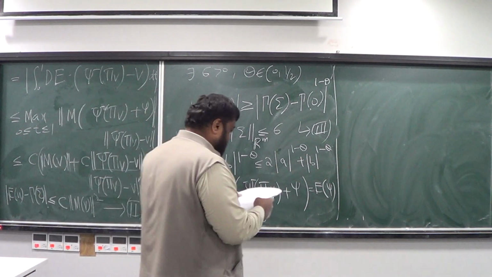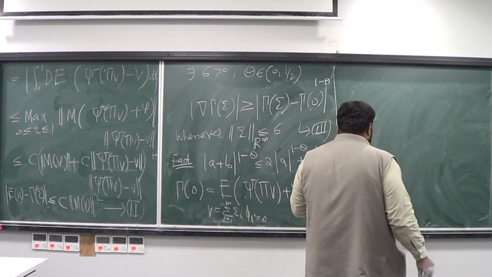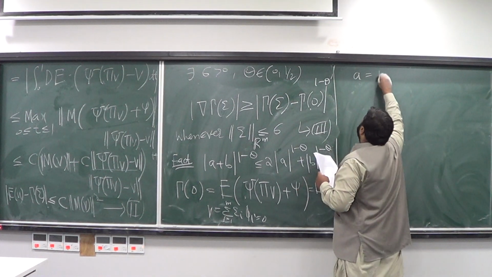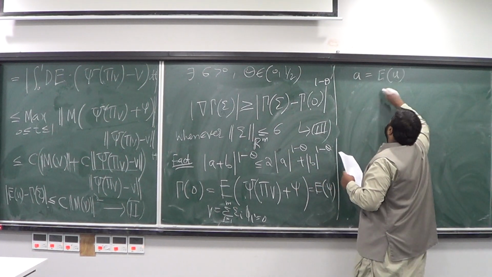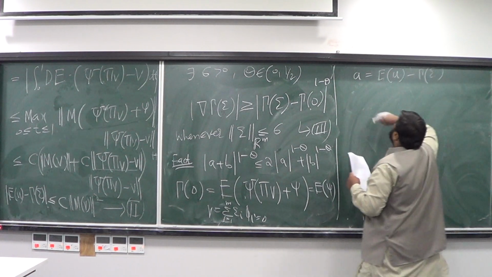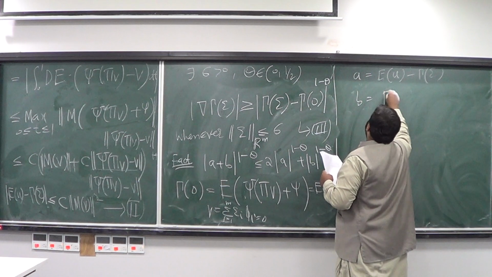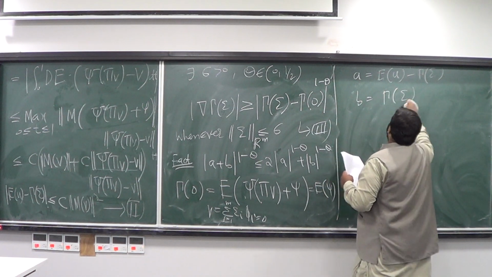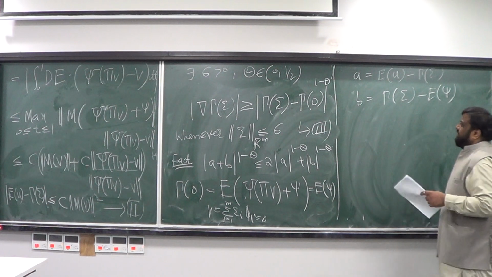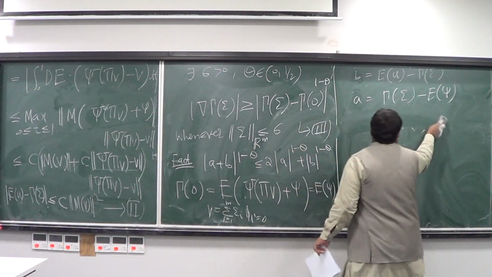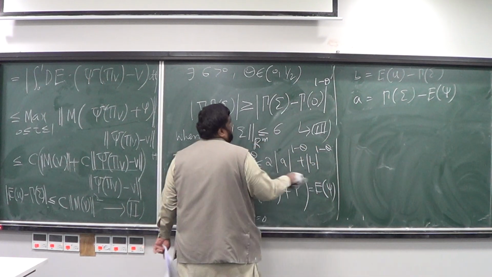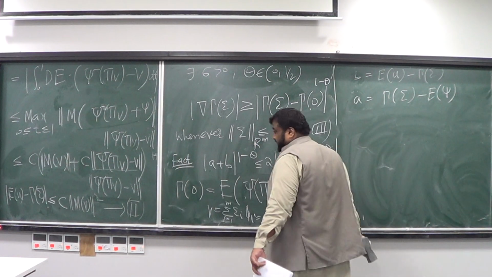So if I choose, say, a to be E of u minus Γ of ξ, and b to be Γ of ξ minus E of ψ, at one place I'll use this inequality with this a and this b.